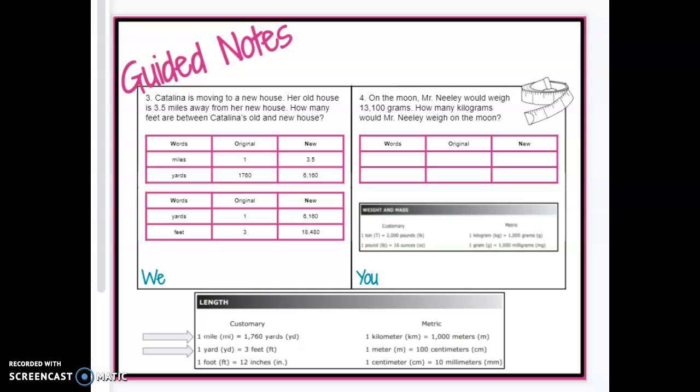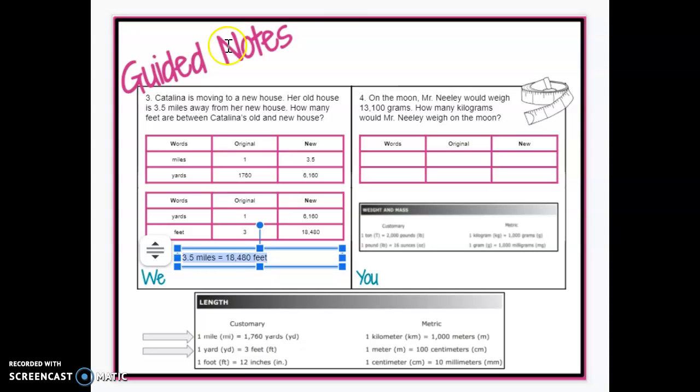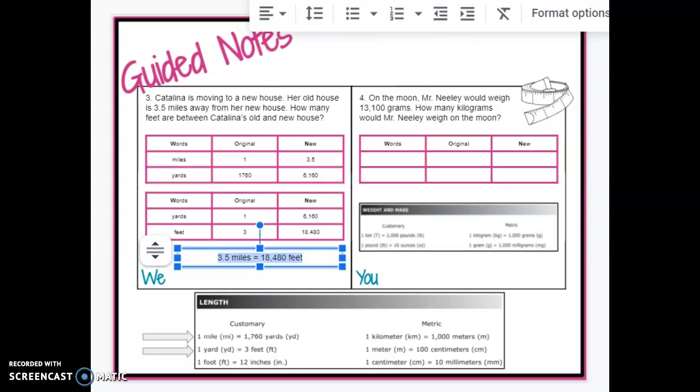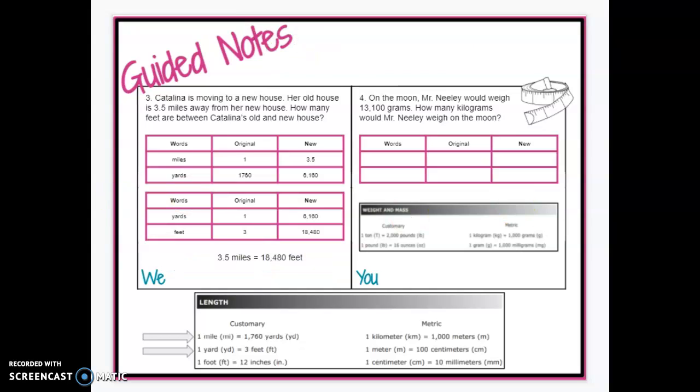Okay, so what does this tell me? This tells me, and I'm going to insert a text box right here so you can see it, this tells me 3.5 miles equals 18,480 feet. That's what that is telling me right there. So when I go in to put in my answer, that's going to be my answer.